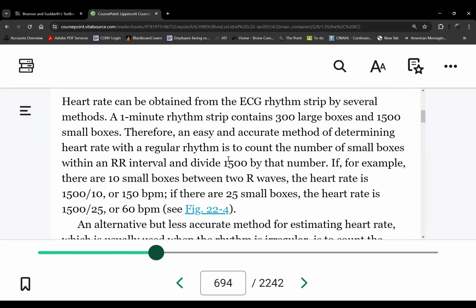You can also count the number of heartbeats, meaning how many PQRSTs in a 6-second strip, and multiply by 10. That's the same as the RR interval, but it doesn't have to be the RR interval. It could also be PP or TT, whichever method you prefer. All right, let's look at this example.